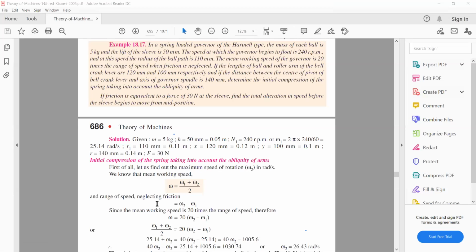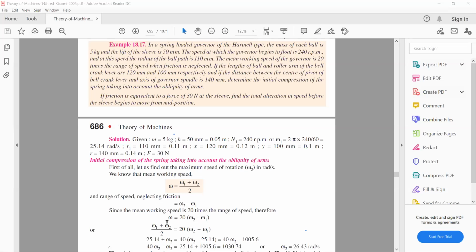Before finding this, the range of speed is omega 2 minus omega 1. The problem already gave one statement: the mean working speed is 20 times the range of the speed. So that means omega equals 20 into omega 2 minus omega 1.